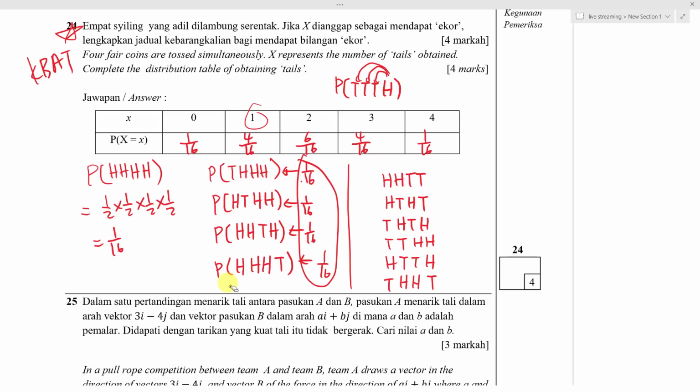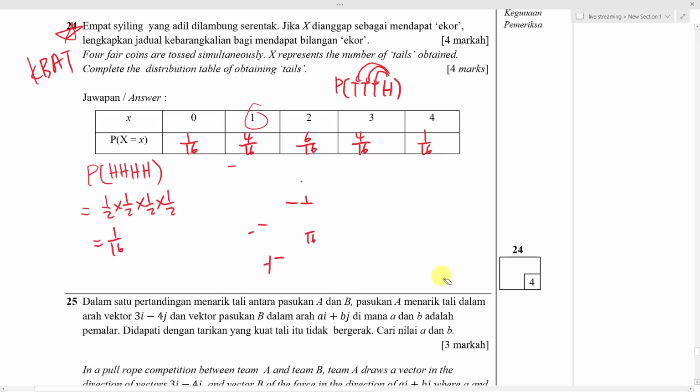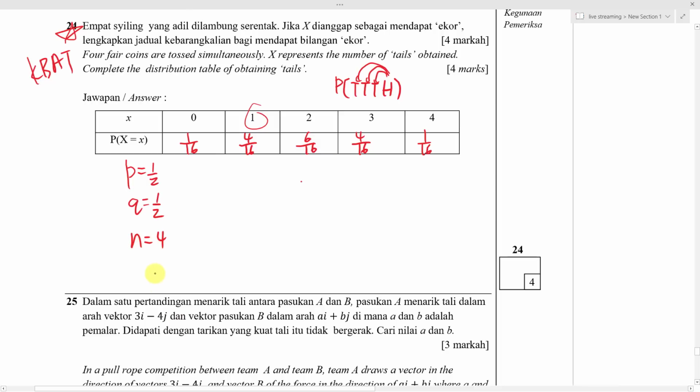Can you use the binomial to do? Yeah, it's a very good question. I guess you can. Should be. Alright, let's do the binomial formula. P equals 1 over 2, Q equals 1 over 2, N equals 4. Yeah, you can. Let's try this. X equals R. R is 2, right?